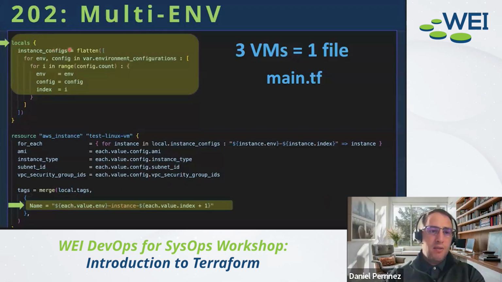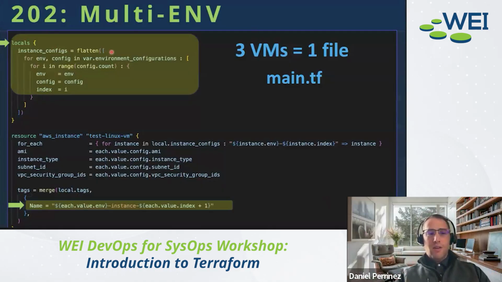I actually really like this term here. It says instance configs equals flatten. Remember how I talked about Terraform, it's not a scripting language. It takes all your TF files and reads them together at once. I like to think of that as sort of flattening them. But this is used technically for a different concept.